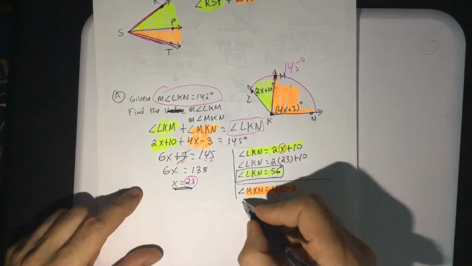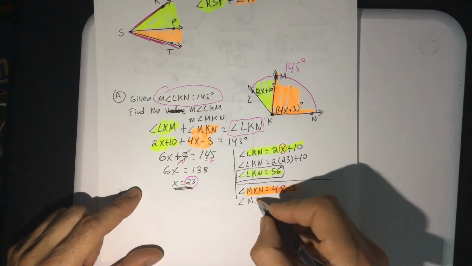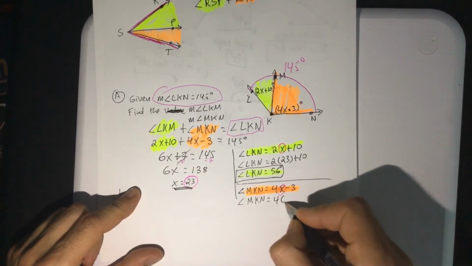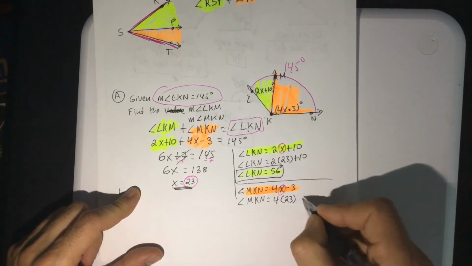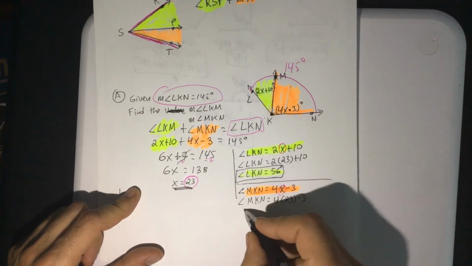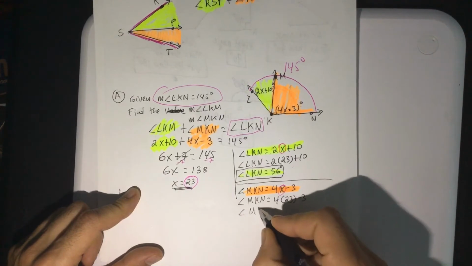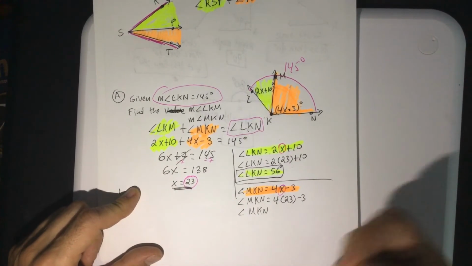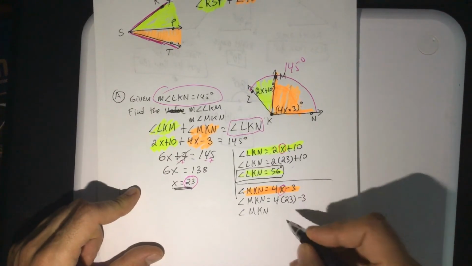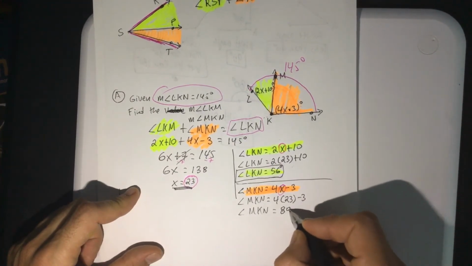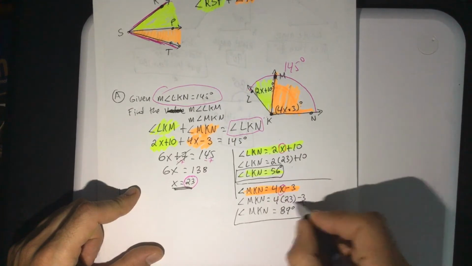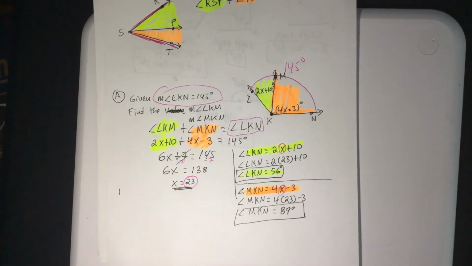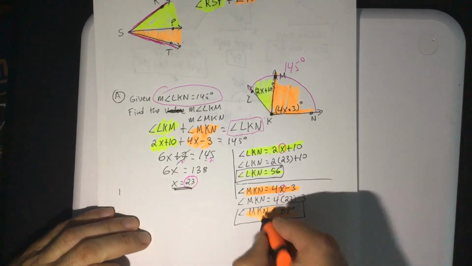Doing that, we got angle MKN equals 4 times 23 minus 3. And doing the simplification, 4 times 23 minus 3, you should be getting an answer of 89 degrees. Now, is this right?